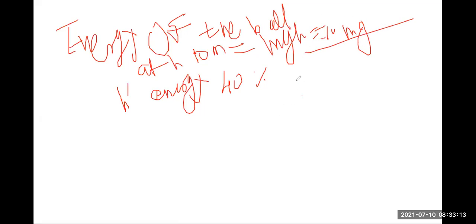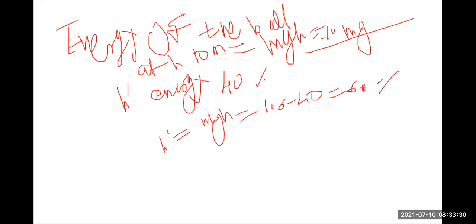Now it reduces by 40%. Then at h dash we can write h dash is equal to mgh. So here 40% reduces means 100 minus 40. What will we get here? 60%. Now understood? Until this 60%. And for height, 10 meter we have taken.